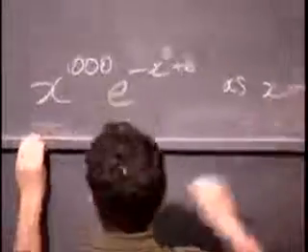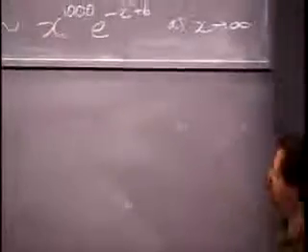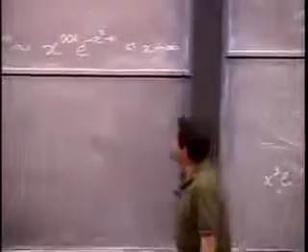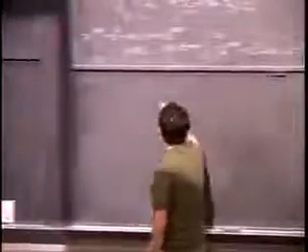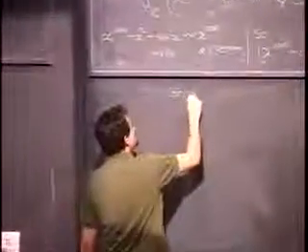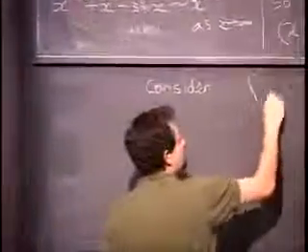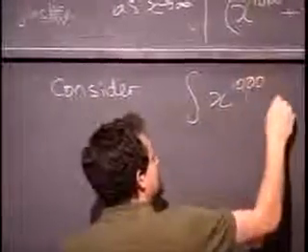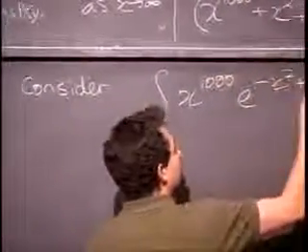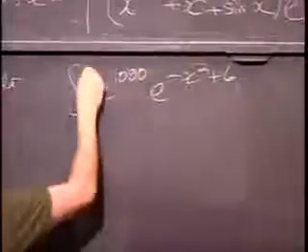That's fine. Just multiply both sides of the previous twiddle by e to the minus x squared plus 6. Okay, so consider the new integral, just x to the 1,000 e to the minus x squared plus 6, going from 10 to infinity.